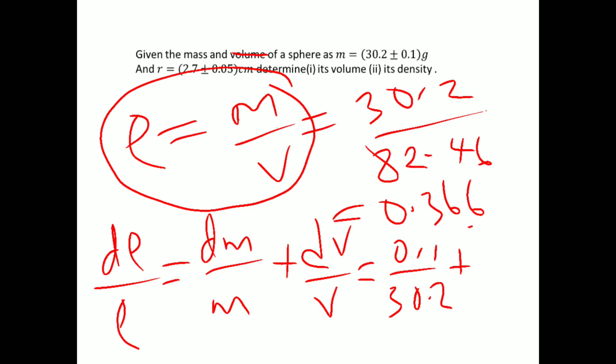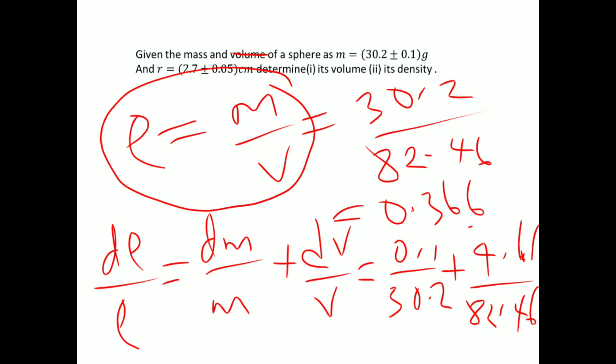The relative error of the volume is the error we got earlier, 4.61, all over the volume itself, which is 82.46.